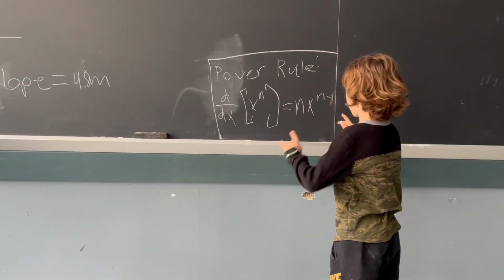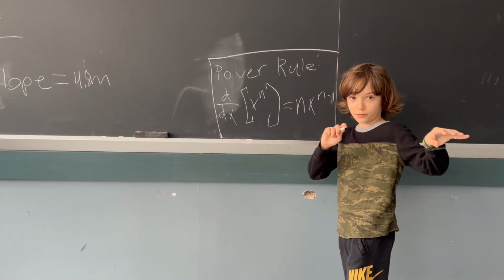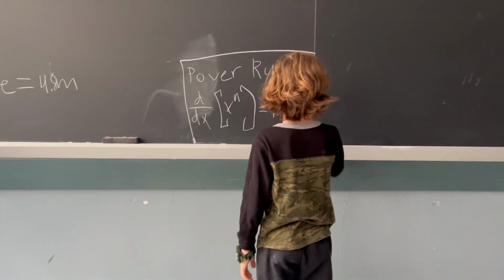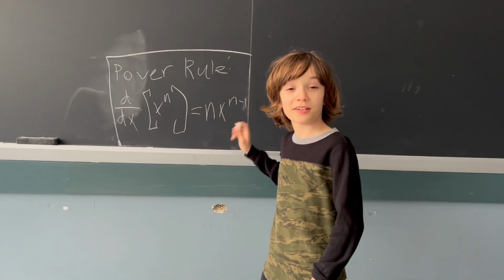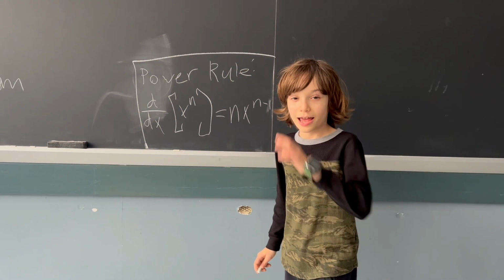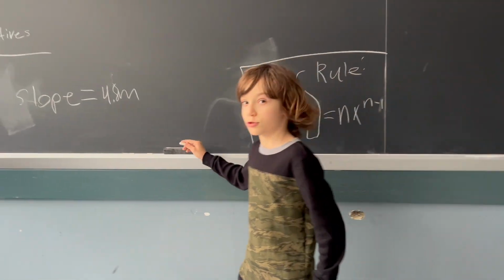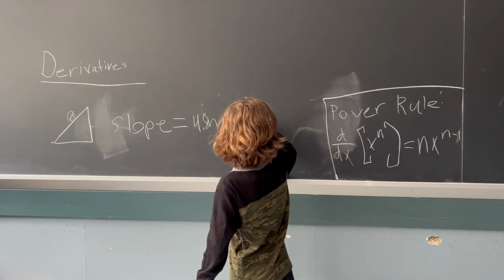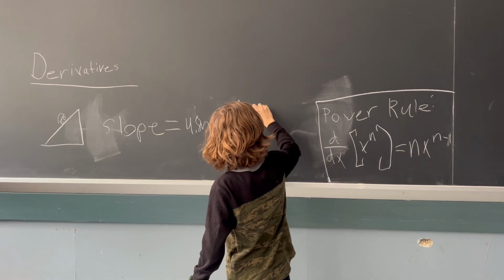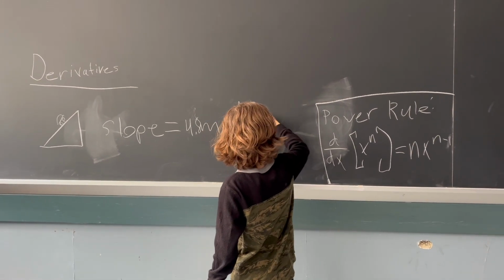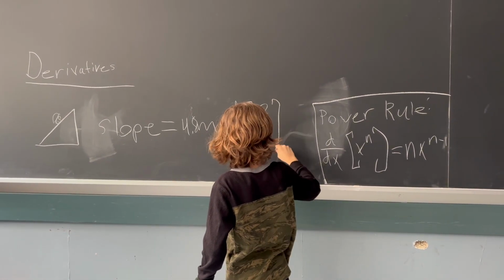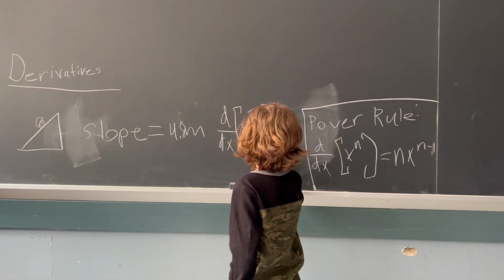That's basically the power rule, and I'm going to give you some examples. So you have the derivative of x squared. What's that going to be?